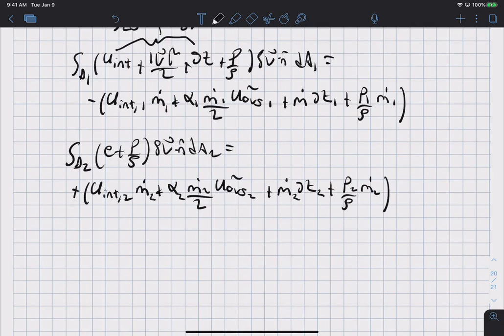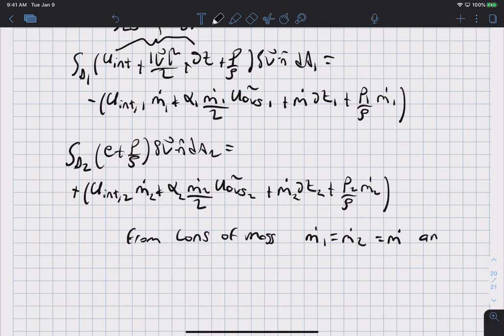Then, I'm not going to prove this, but from conservation of mass, m dot 1 equals m dot 2 equals m dot.